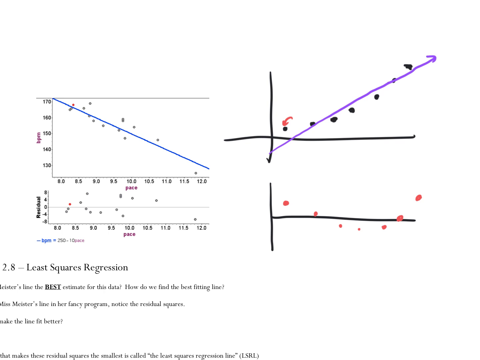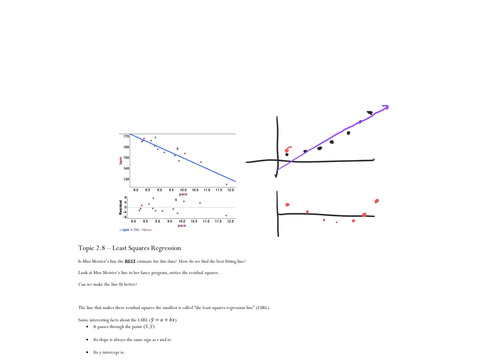Okay, so here's what residual plots do. They magnify any curvature or unusualness in the scatter plot. Is everybody with me? So a model is considered an appropriate model if we have no pattern.